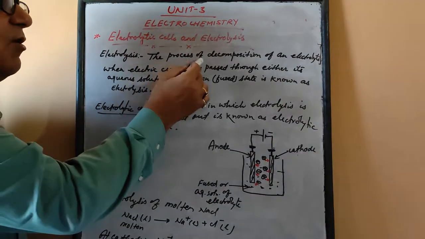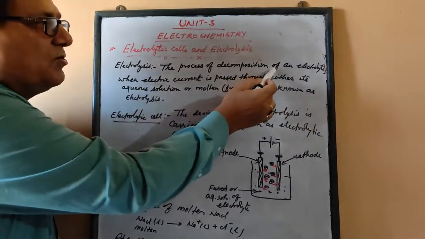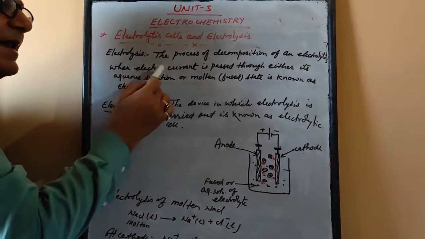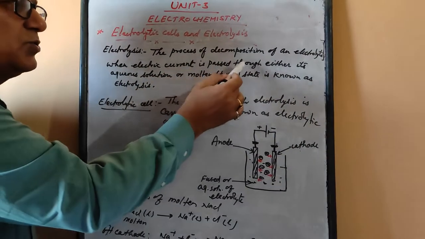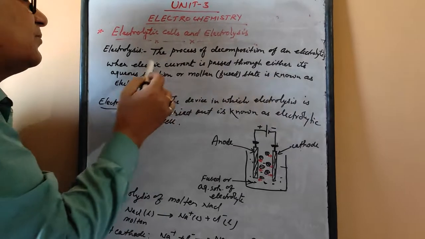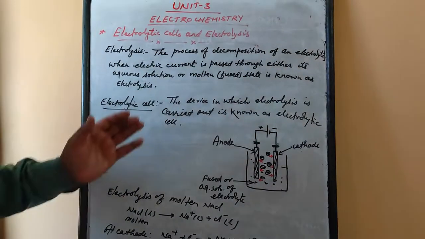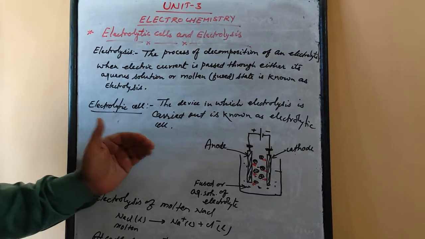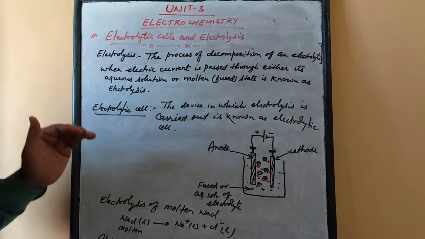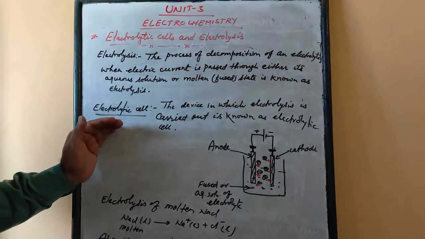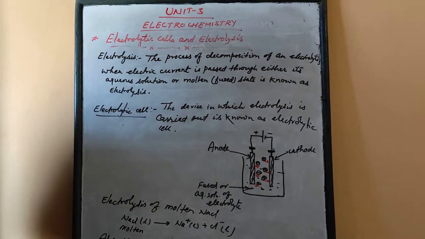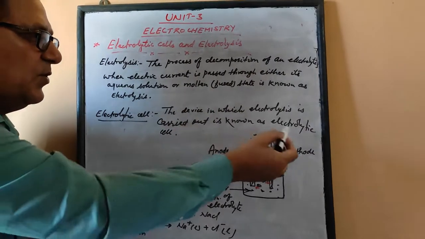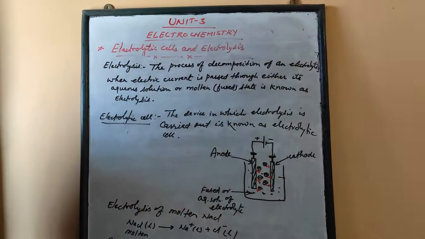The process of decomposition of an electrolyte when electric current is passed through either its aqueous solution or molten or fused state is known as electrolysis. Now, what is an electrolytic cell? The device in which electrolysis is carried out is known as electrolytic cell.